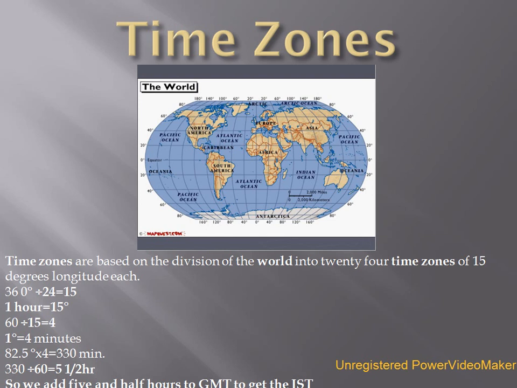If we convert 330 minutes into hours, it comes to 5.5 hours. So if it is 12 noon at GMT, since India is in the eastern hemisphere, we are ahead of GMT. That is why we add 5.5 hours. When it is 12 noon at GMT, the time in India will be 5:30 in the evening, that is PM.